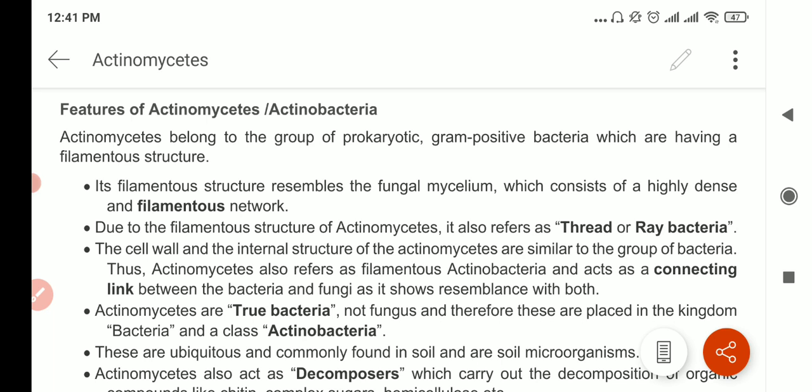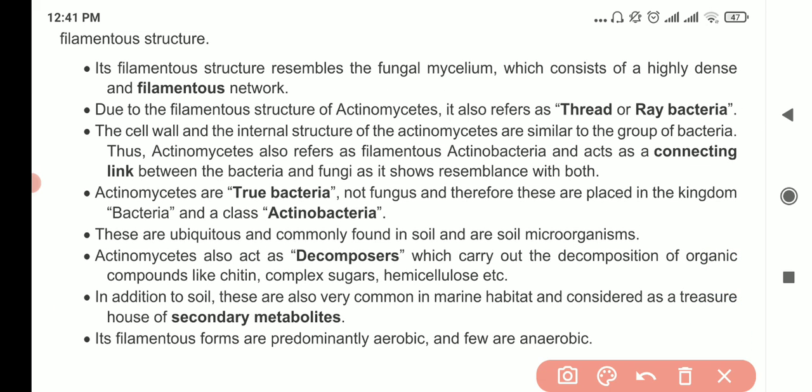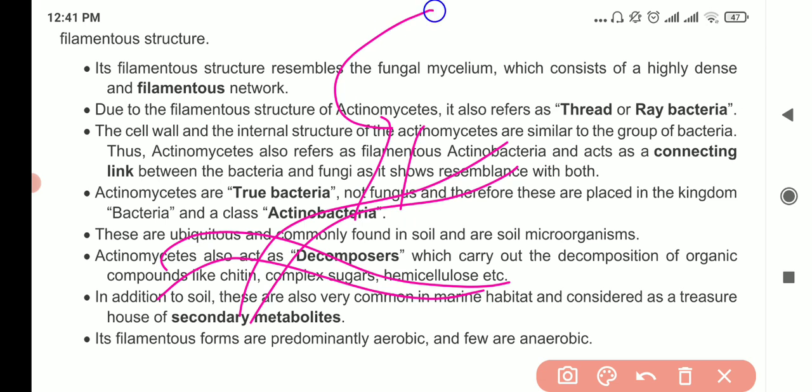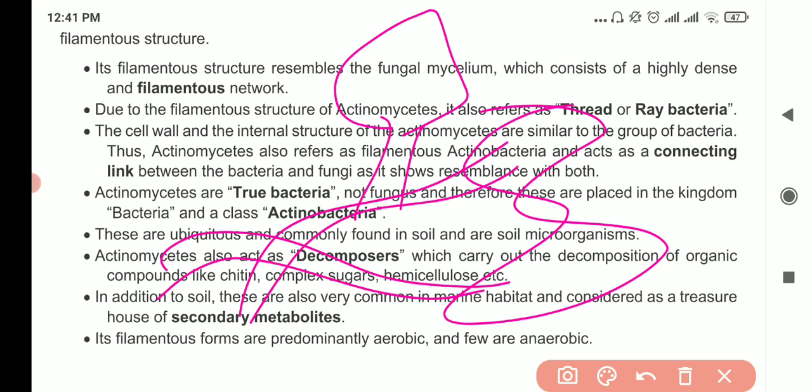Like the fungal hyphae, it's like this, right? Then one spore is coming out, long filaments.